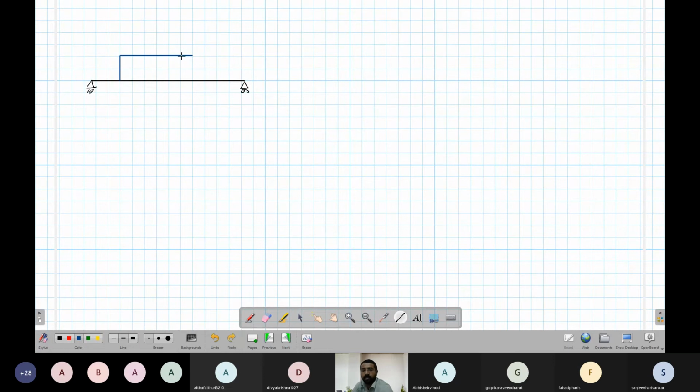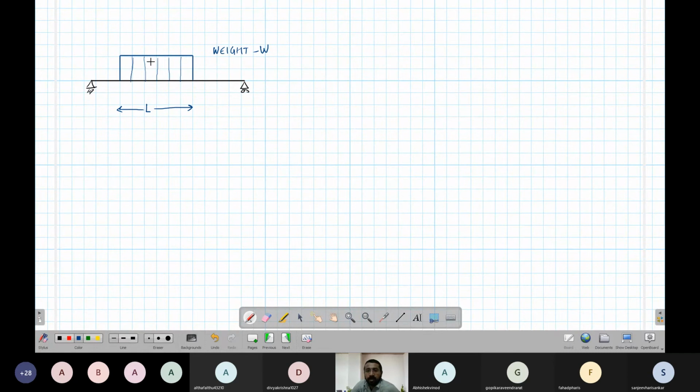The box has some weight W, and the length of the box is L. So this weight is placed over the total length L. Now let's say I'm dividing this into small pieces. This is one piece, second piece, third, fourth, fifth piece.